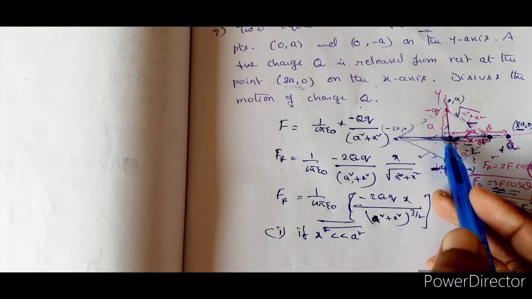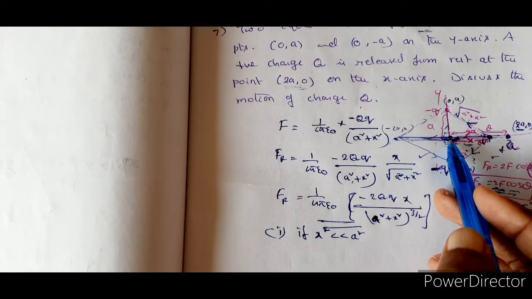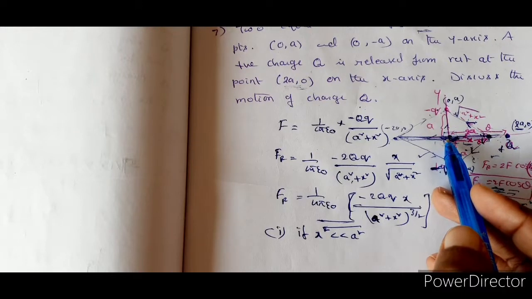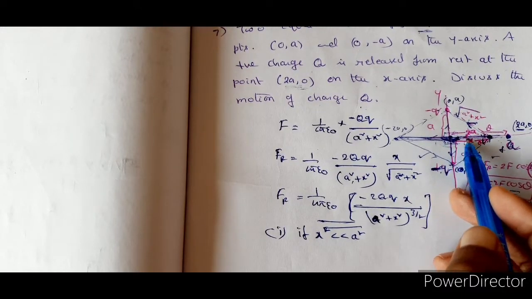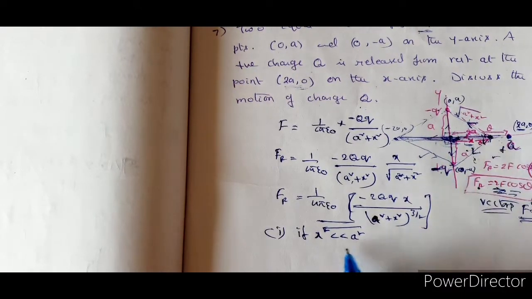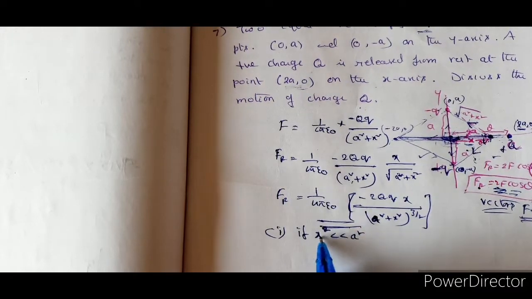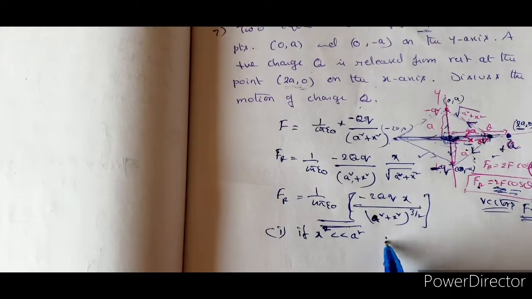If not, its motion is oscillatory, we won't say it to be simple harmonic. So that means when x, this distance is far less than a, that is x square is less than a square, then what you will get?